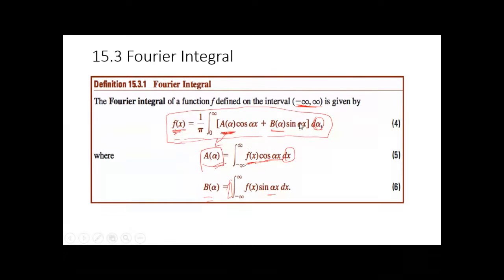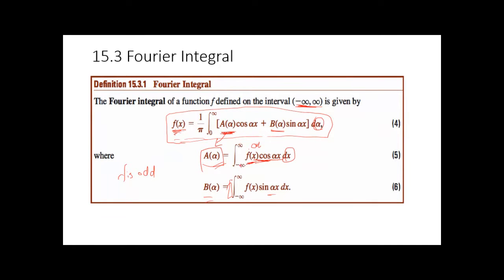The same concept of Fourier even integral and odd integral is possible. If you assume that f is an odd function, what happens? This is odd, isn't it? An odd function multiplied by an even function will be again an odd function.